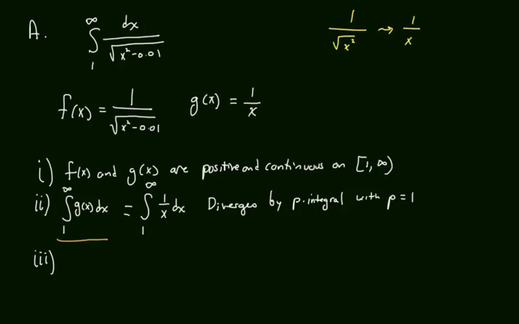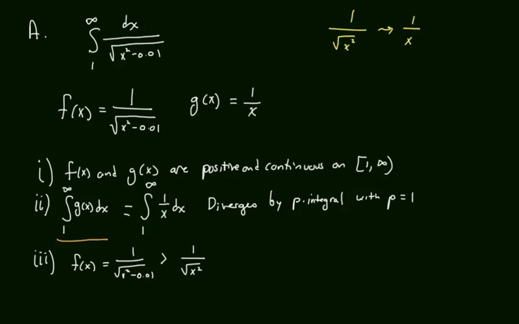So now my f of x, which equals 1 over the square root of x squared minus 0.01, is going to be certainly bigger than 1 over the square root of x squared. See, when we're taking away from the denominator, it's making the fraction bigger.